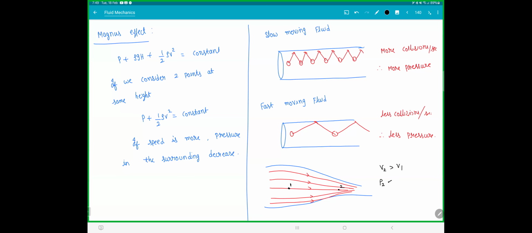Therefore, you can say pressure P2 is less than P1. So at that thinner section, the pressure is lesser compared to the thicker section. Is this clear, everyone?